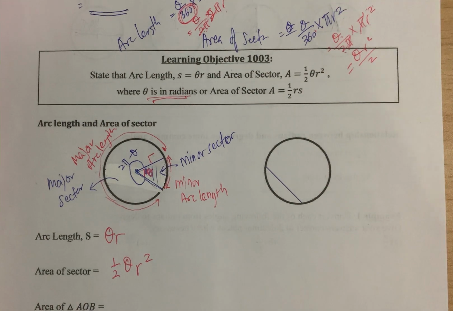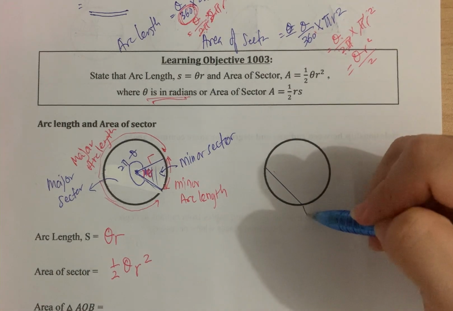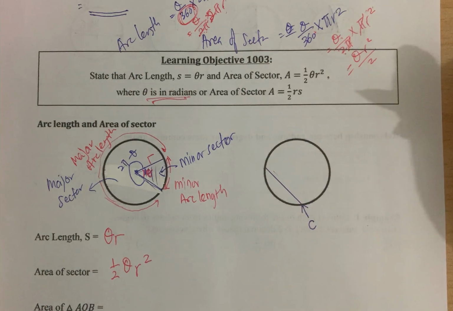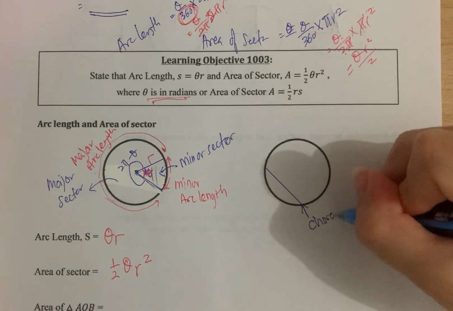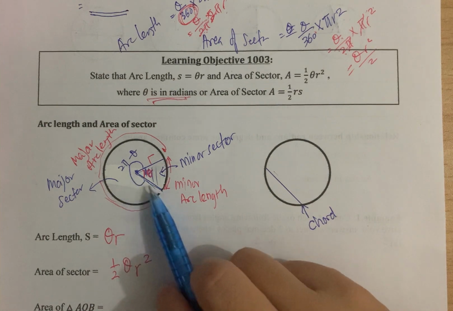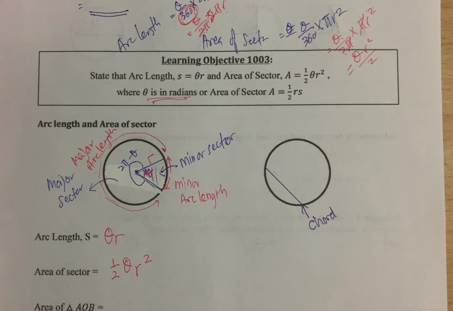Okay, now let's go for this. This one is a line, what we call, I hope you still remember. Let's start from C, okay? This line is called a chord. So the radius, when you draw a radius, it divides a circle into sectors, right?